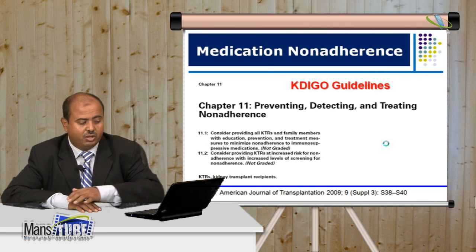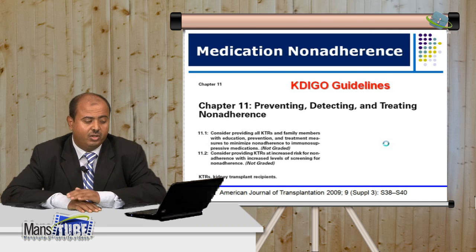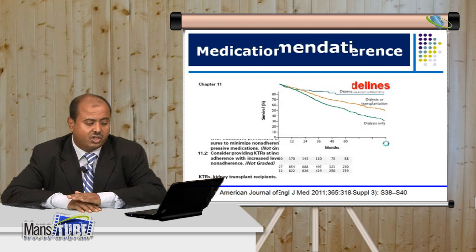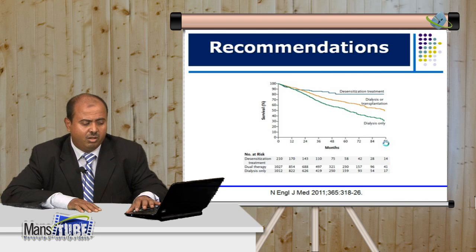So we should educate, and as KDIGO stated, consider providing all kidney transplant recipients and the family members with education in prevention and treatment measures to minimize non-adherence to immune suppressive medication, even if the graft is perfect, and consider providing kidney transplant recipients at increased risk for non-adherence with an increased level of screening for non-adherence. So it is very important and crucial that the patient should follow the medicine and follow the direction of the doctor.